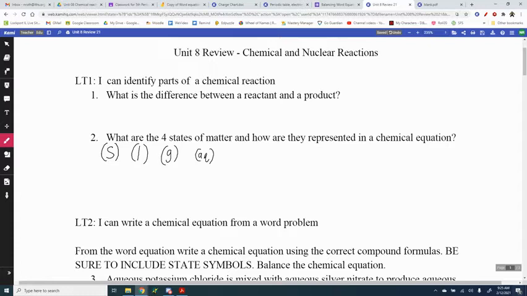Aqueous means to be dissolved in water, or in solution. So those are how we represent those in a chemical equation. If we had, let's say, NaCl, and it was aqueous, then we would put aq as a subscript in parentheses like that.